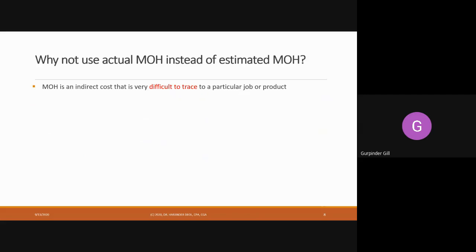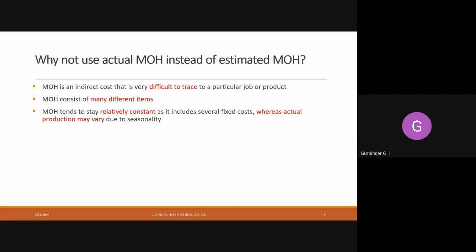And there must be many different types of cost that go into manufacturing overhead. Given the nature of that account, that this is indirect cost, there could be different types of cost. When you look at different types of cost, there would be different timings of payments as well.